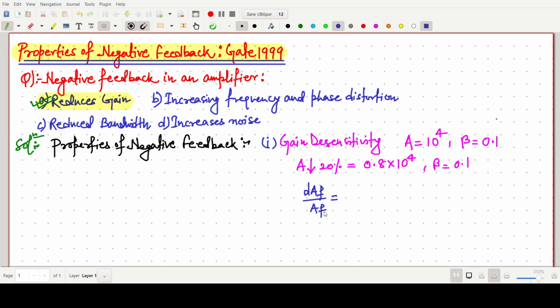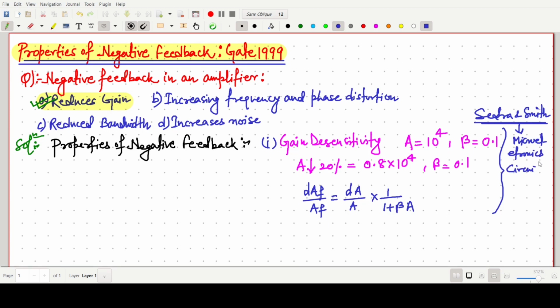So dAf by Af equals dA by A into 1 by 1 plus beta A. This is basically the formula for gain desensitivity. For more detail, go for the Sedra Smith book, Microelectronic Circuits. I will also share my video.